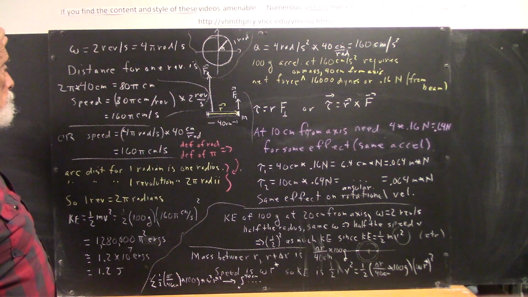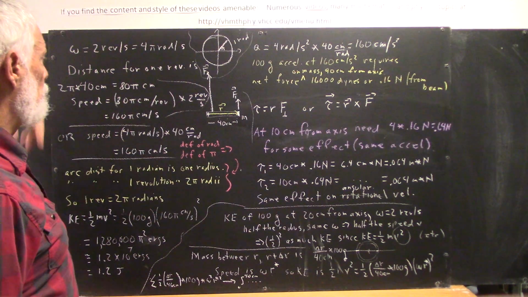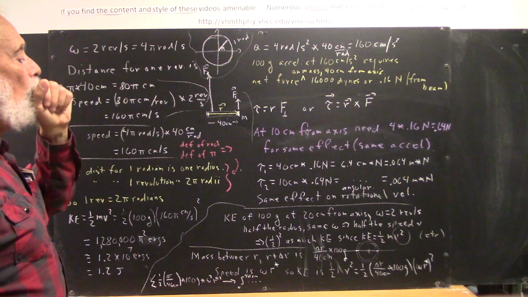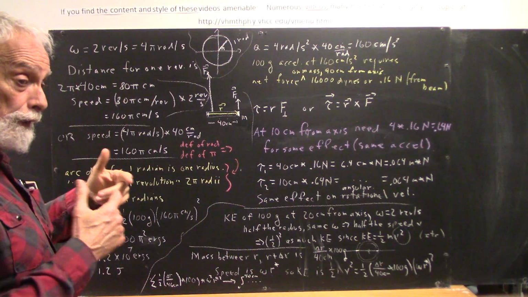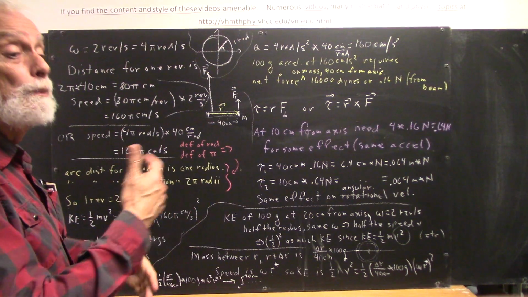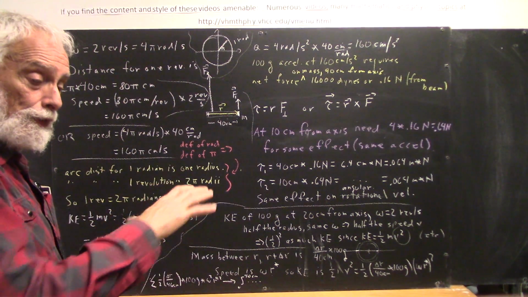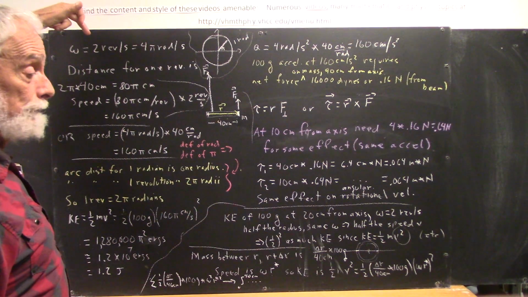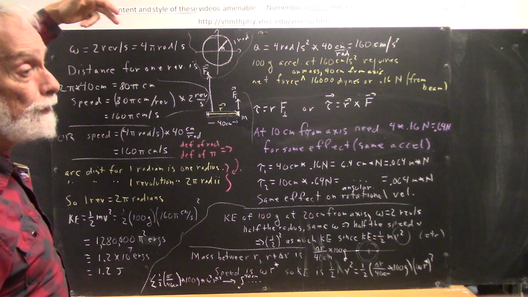Alternatively, what we're trying to find out is how fast an object moving around a circle of radius 40 centimeters is actually moving if the system is rotating about an axis at 2 revolutions per second.